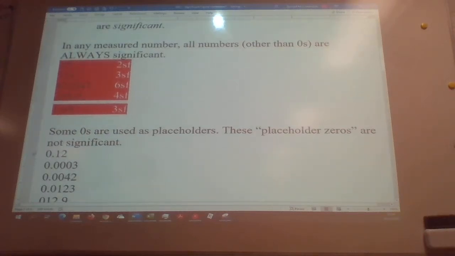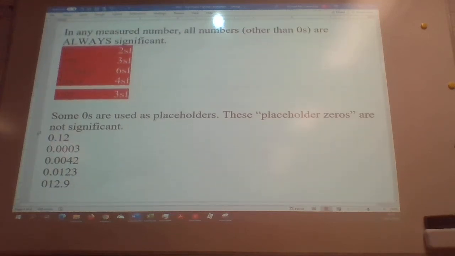Sometimes zeros are used as placeholders, and these are probably the ones that people are the most frustrated by, because identifying placeholder zeros can be a little tedious. So first and foremost, the thing you have to keep in mind is leading zeros are never significant. Never are leading zeros significant.